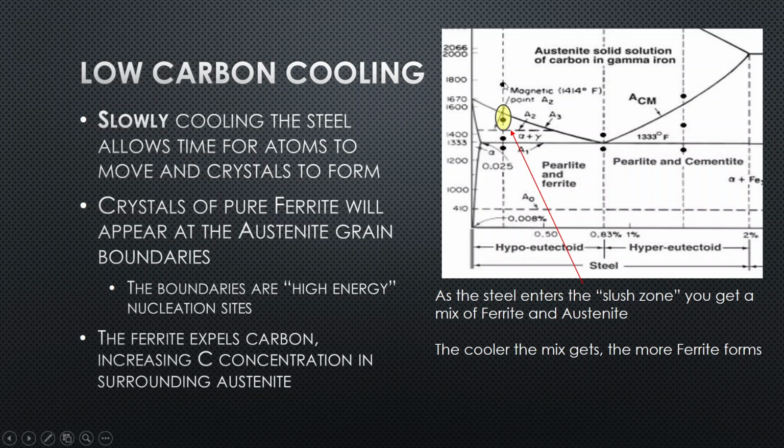So now we've gone from austenite, and the steel is thinking, okay, I'm cooling down, time to start forming some ferrite. And as the ferrite starts to form right in here, the ferrite is very pure, and as it forms, it squeezes the carbon out. What that does is start to increase the concentration of carbon in the remaining material.